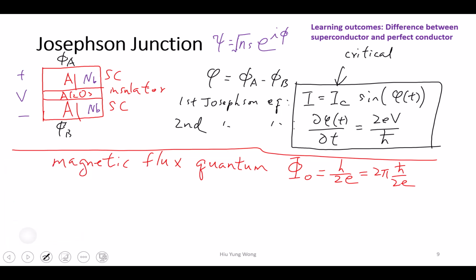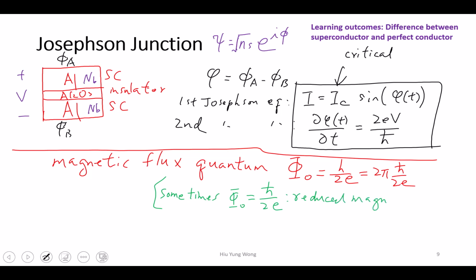And just as a note, if you read the papers, sometimes they define this phi naught as h bar divided by 2e, which we call the reduced magnetic flux quantum. You need to be careful when you read this.